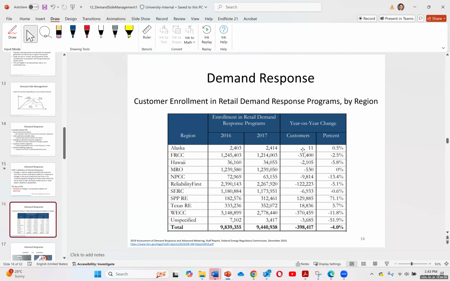So you can see in Alaska, it's an increase. People prefer lower prices, but they're okay with the inconvenience of it. And in some places, like Texas, there's a huge change you can see. But in other places, people actually went back to having a fixed rate.